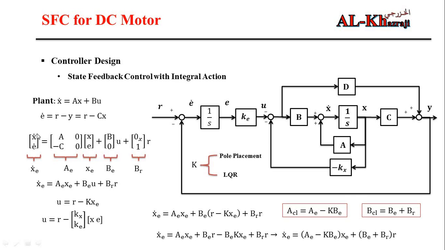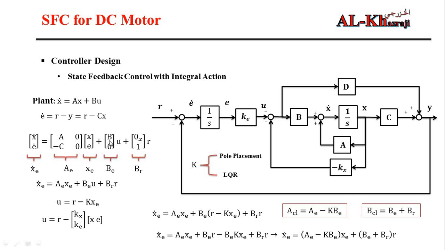If you look here, there's no E, so we put 0. What's the relationship between E dot and X? This is E dot and X, so minus C. And the relationship between E dot and E, there's no E in the equation of E dot, so we put 0. So this is the new A after we put in the integral action.